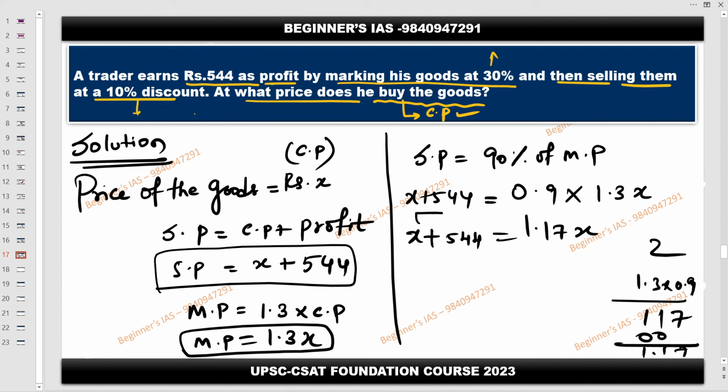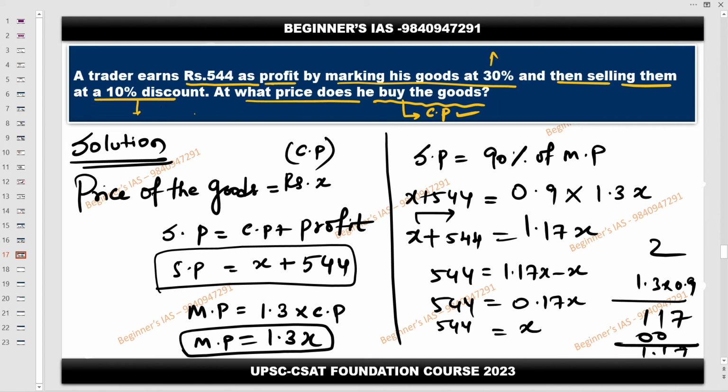Bring this x towards the left, therefore 1.17x minus x is 0.17x, isn't it? So equals 544. Clear, everyone? Yes, sir. Then it will become x is equal to 544 by 0.17.